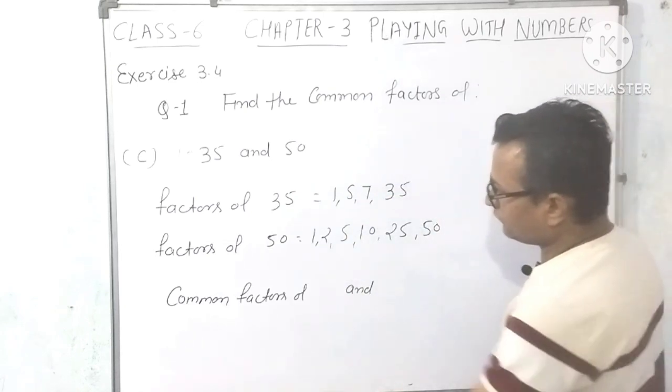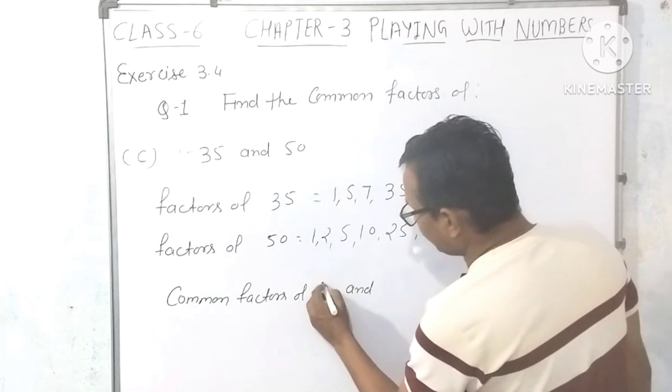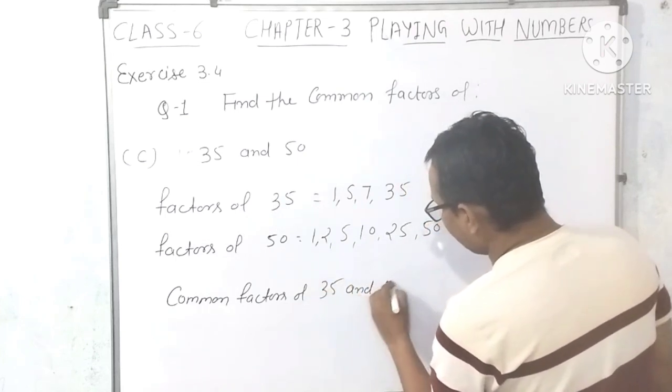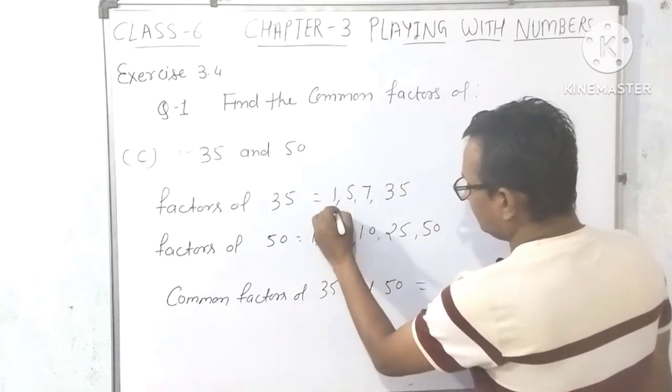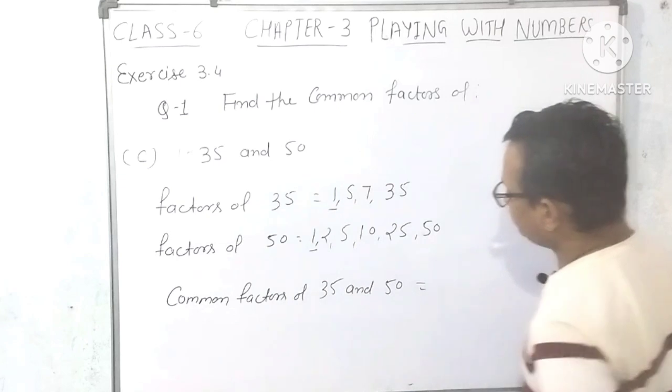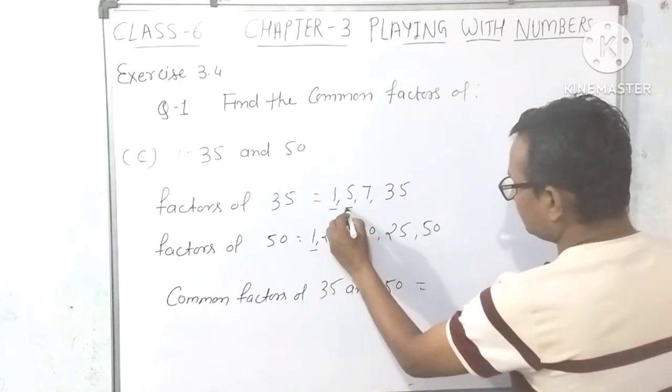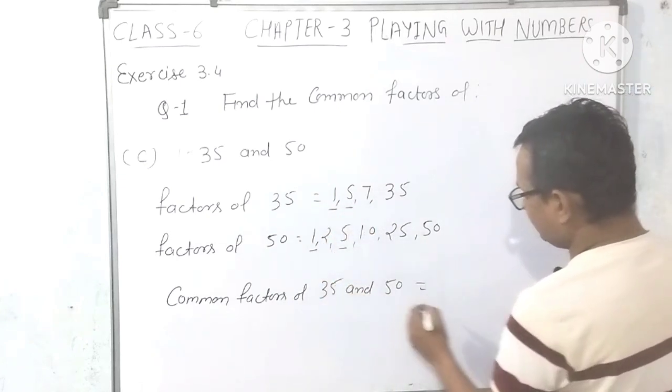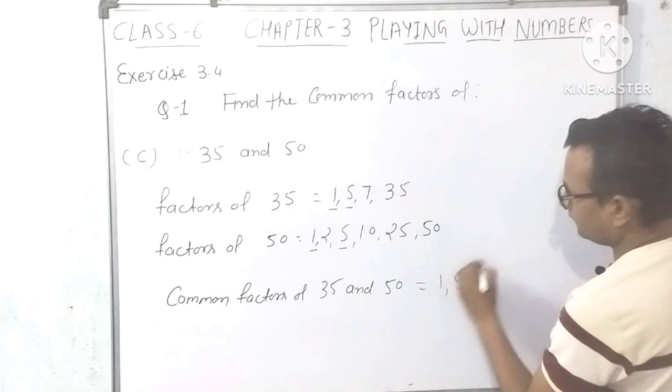Friends, now we have to find out the common factors of 35 and 50: 1 and 5.